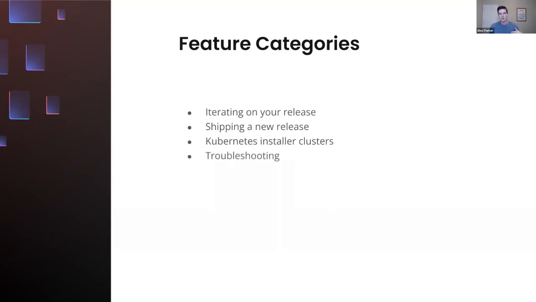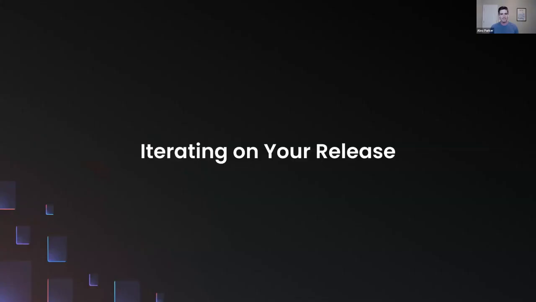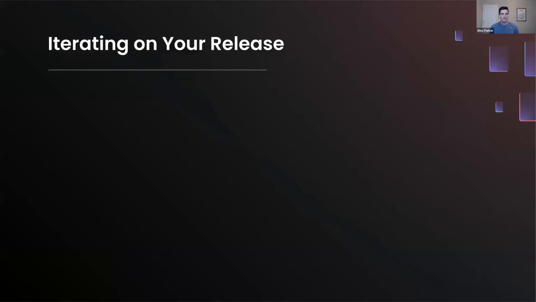We'll talk about troubleshooting features to make it easier for you to do disconnected troubleshooting and help your customers with issues in their environments. And then we'll have a couple of coming soon alpha and beta features that we'll highlight. If anybody's interested in those, we'd love some participation and feedback from you all. So let's get started with some features to help you iterate on your release.